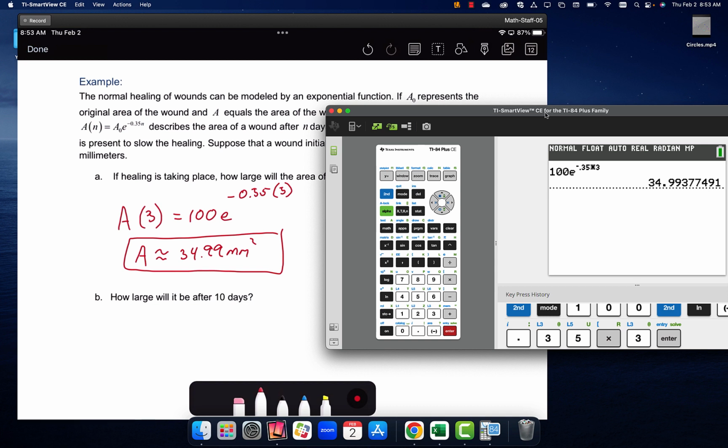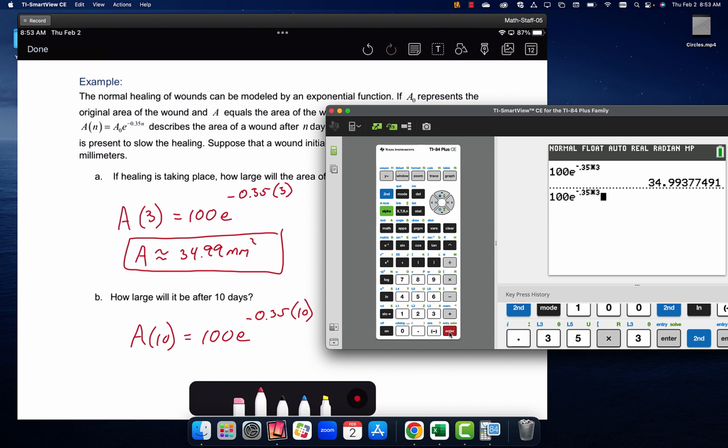The next question is, how large will it be after 10 days? So the area evaluated at 10 days. The initial value is still 100. E to the -0.35 times 10 days. So we're just going to plug this into the calculator. A shortcut to get the previous command is second enter.